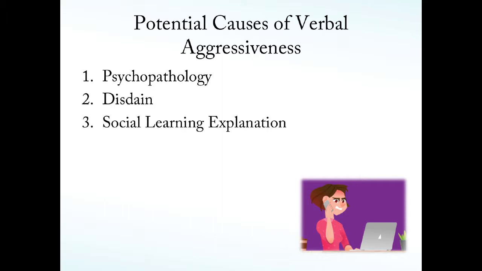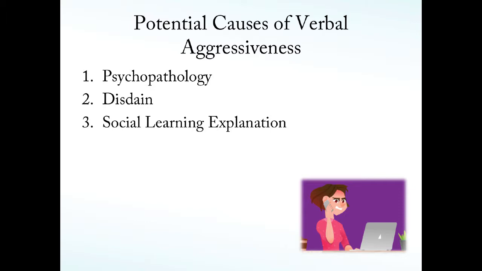The third one is the social learning explanation. It suggests that we learn to become verbally aggressive from those around us whom we interact with or observe on a regular basis. Social learning theory says that our behavior is shaped by factors in the environment, and consequently, people with whom we have frequent contact can greatly influence our communication behavior and personality.